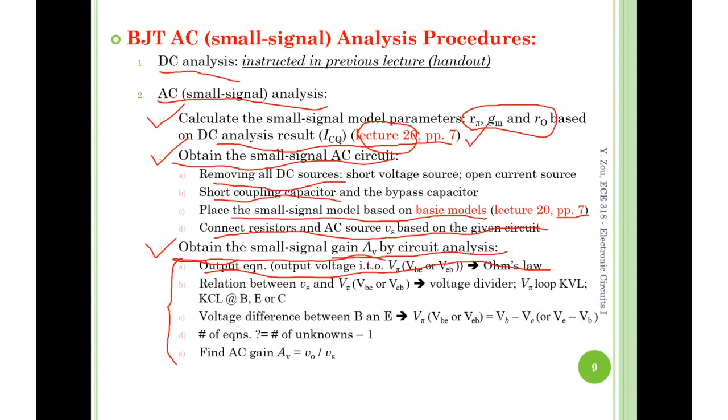And then we try to establish the relation between the input AC source and the V pi. This is also the same as in the MOSFET, where we have an equation in terms of input source and VGS. Over here it is V pi, either VBE or VEB.